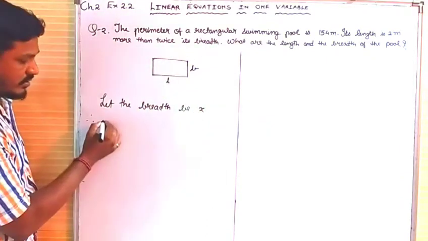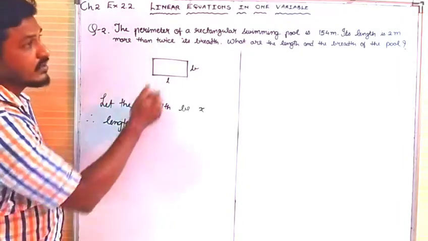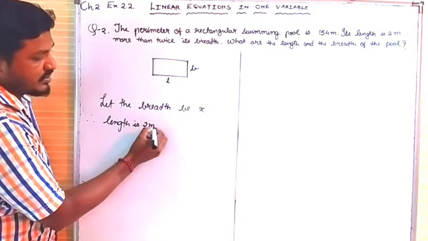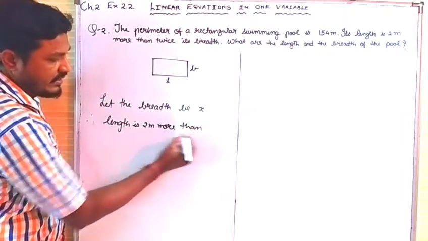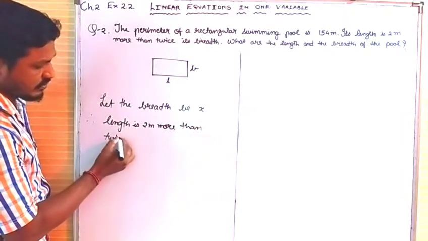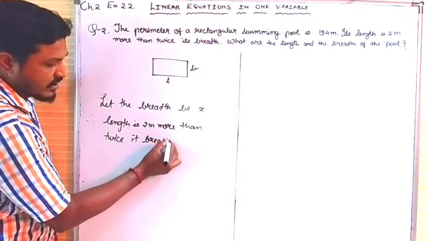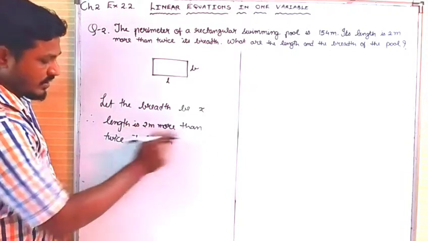Therefore, its length, which is 2 meter more than twice its breadth. This condition is given. Length is 2 meter more than twice its breadth.